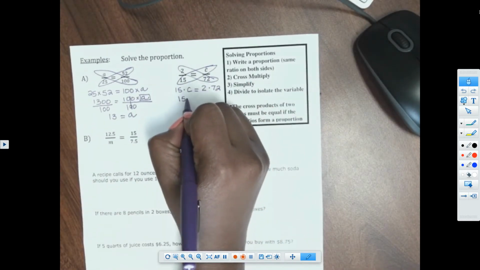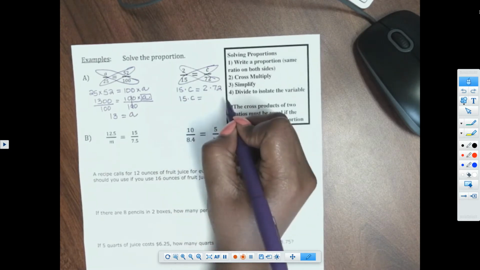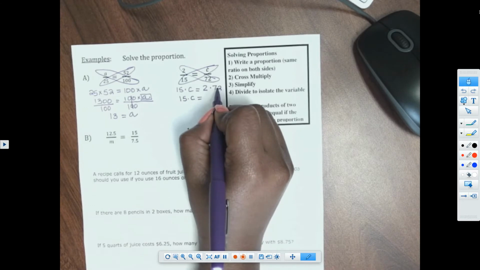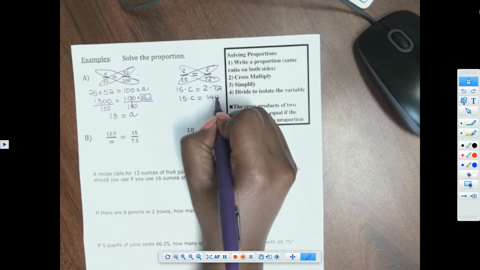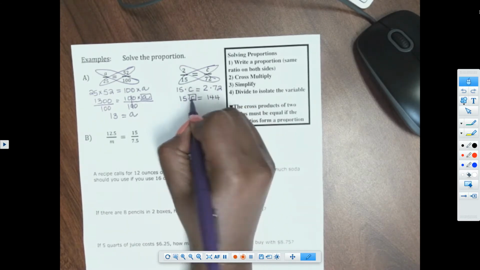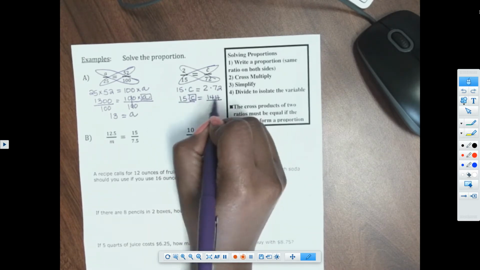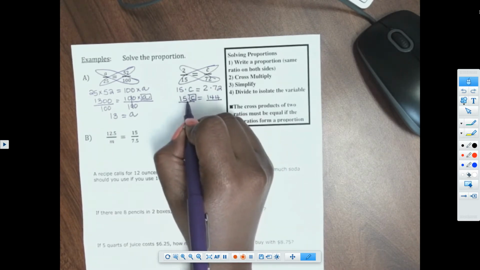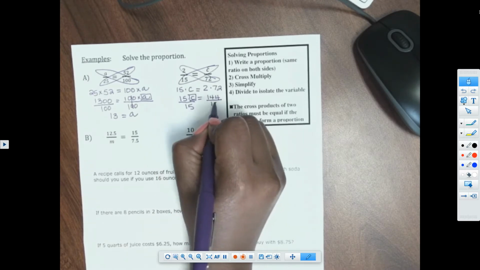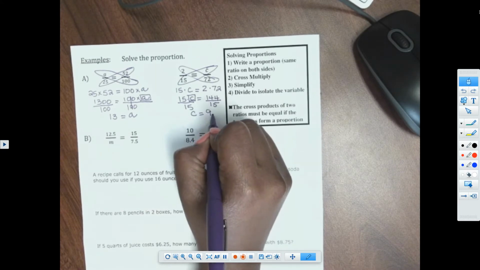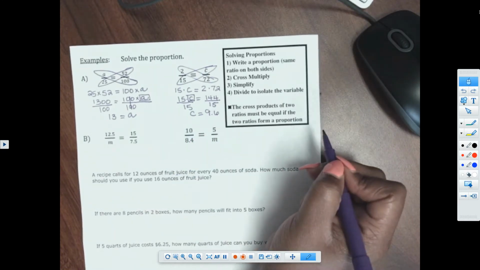So if I simplify 2 times 72, I get 144. Remember, I want this variable to be by itself. C is being multiplied by 15, so I need to divide by 15 on both sides. So C equals 9.6.